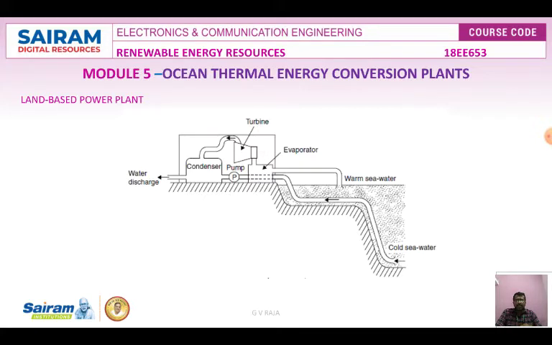Land-based power plants require long pipes for installation. We have to pick up the hot water and the cold water, and we need both pipes, because the plant is kept on the land, not in the sea or ocean.